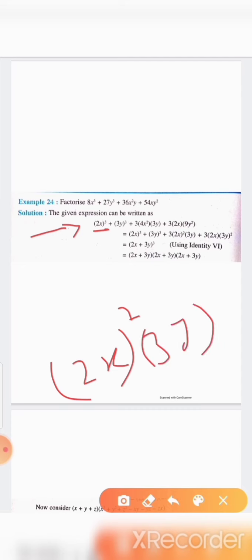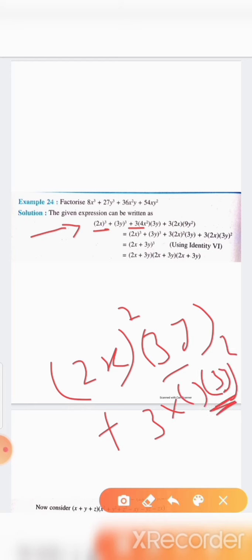Then we write 4x square in this step and 3y, and in the second we write 3 into 2x into (3y) square, and (3y) square means 9y square. Simplifying this value, we get this step by identity number 6.